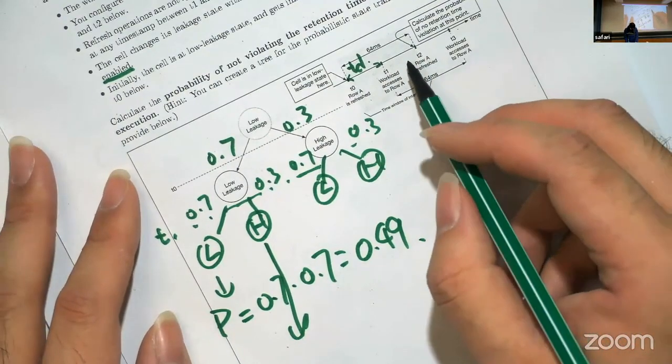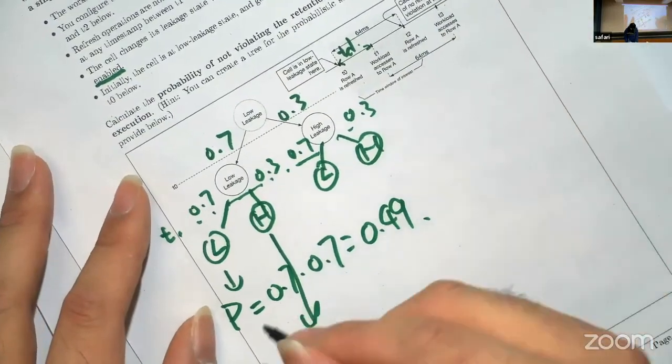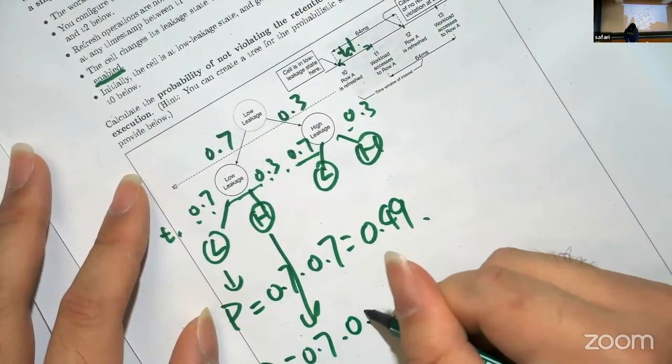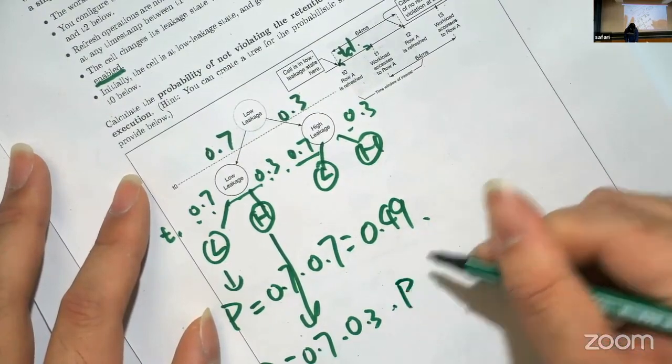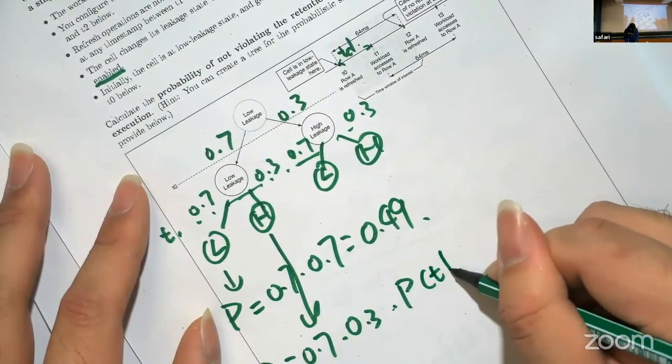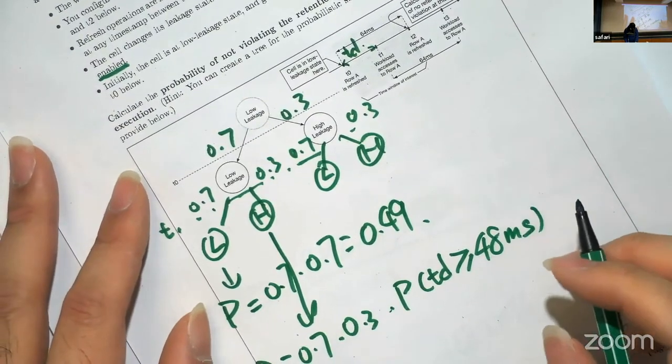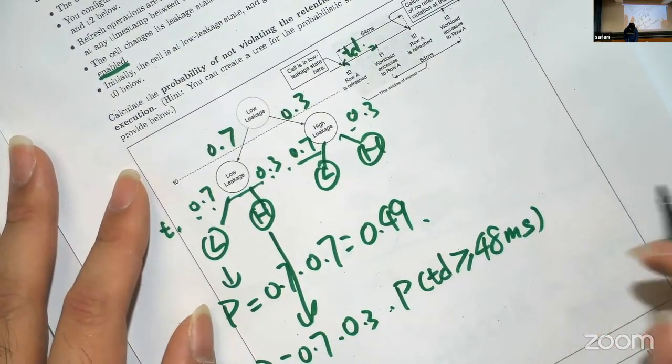So the probability of this is 0.7 times 0.3 times the probability of TD larger or equal to 48 milliseconds.